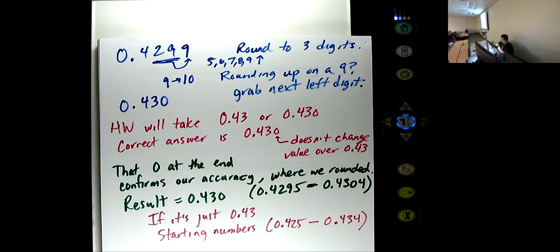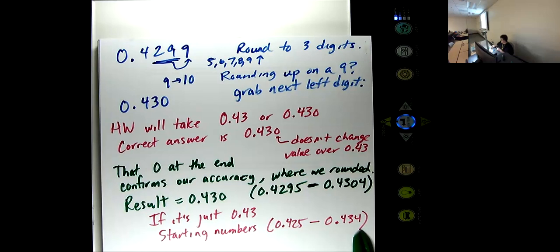So keeping that 0 there tells us we're more accurate. This is a wide range. This is a bigger range than that range. So it's just a level of accuracy.